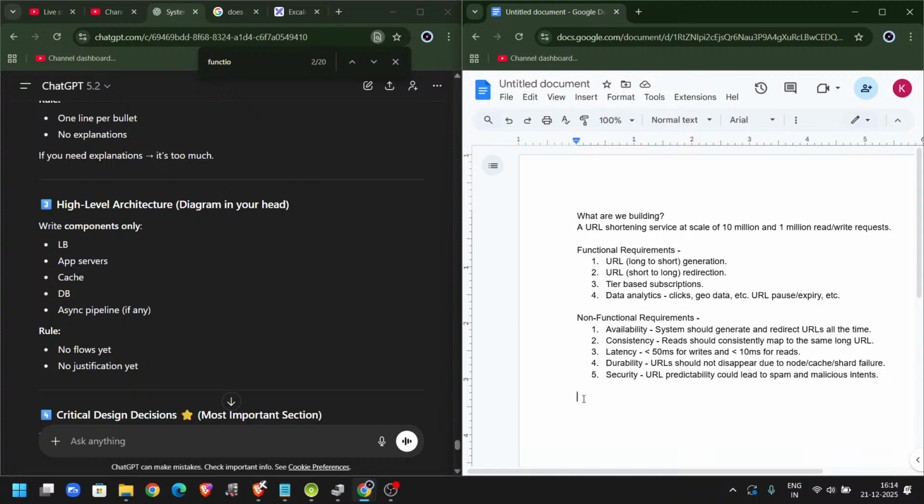High level architecture. Okay, load balancer. Balance the load distributed servers.